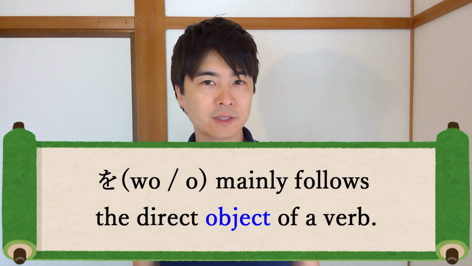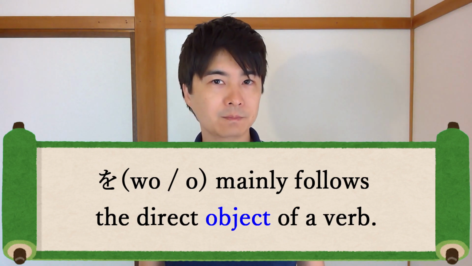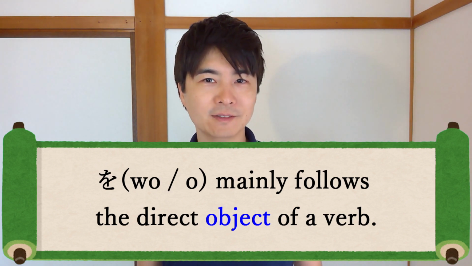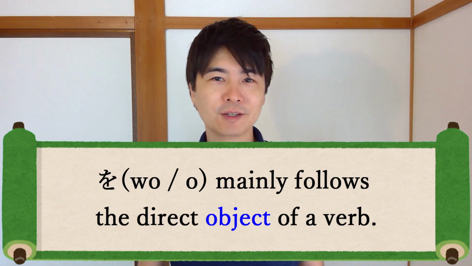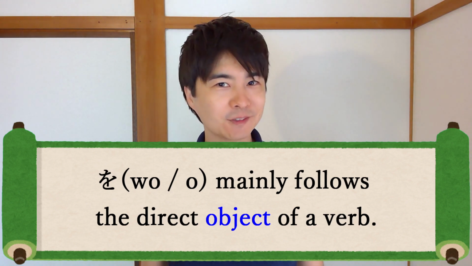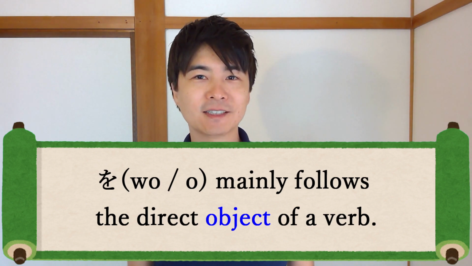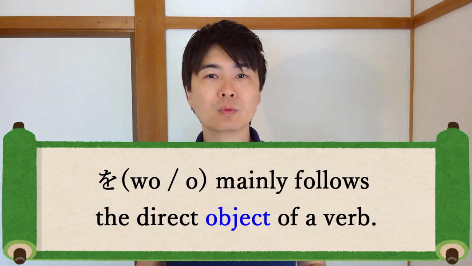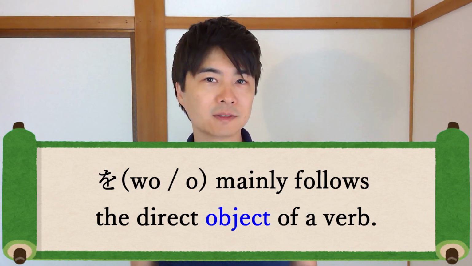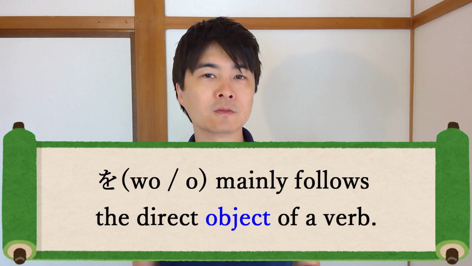を mainly follows the object of a verb, but perhaps you have wondered what this mainly means. Perhaps you thought, does it mean there are exceptions? Actually, there are some exceptions even though I don't think it is that important for you to learn now. It means を sometimes follows a word that is not a direct object of a verb.